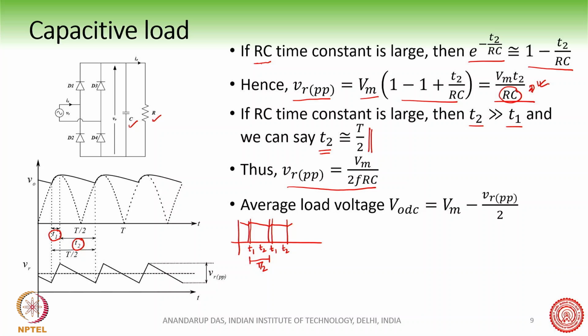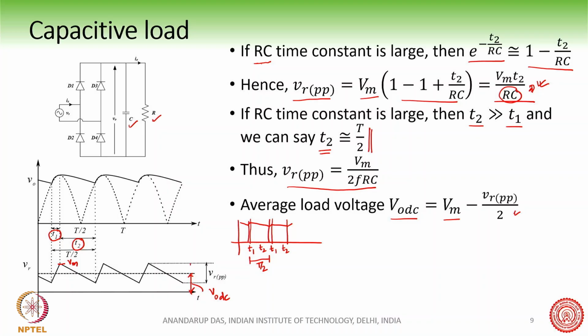Therefore V0, the average voltage, is Vm minus VR peak to peak divided by 2, and that is this voltage V0 DC. This is the V0 DC voltage.